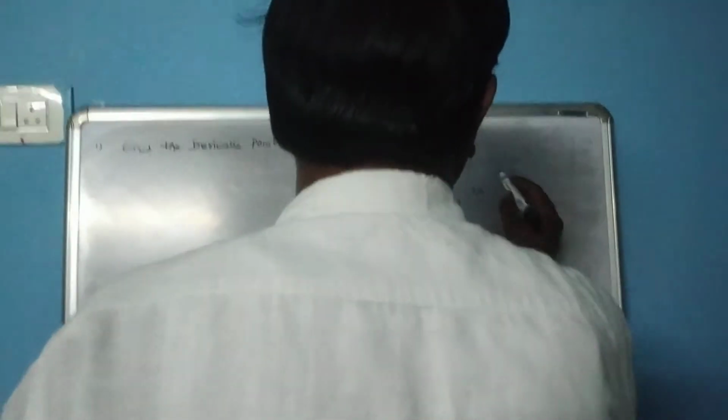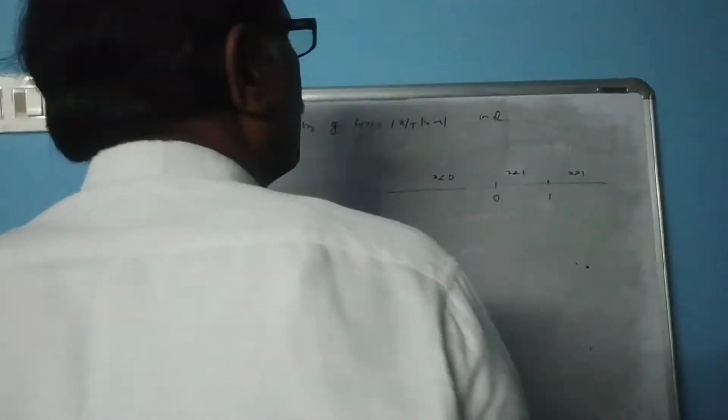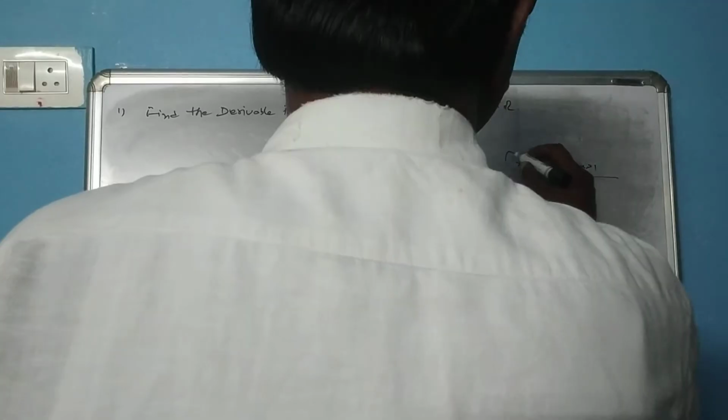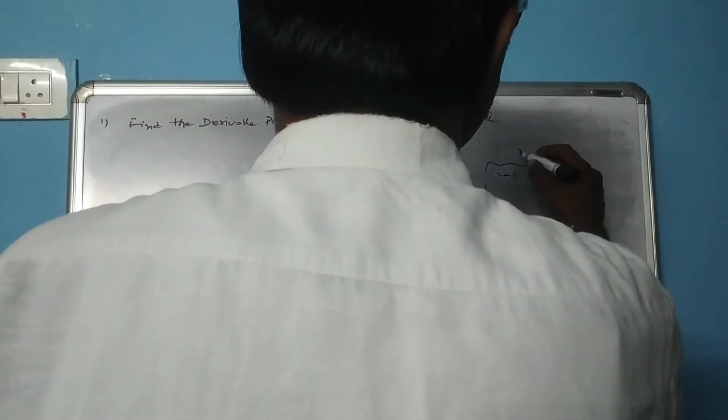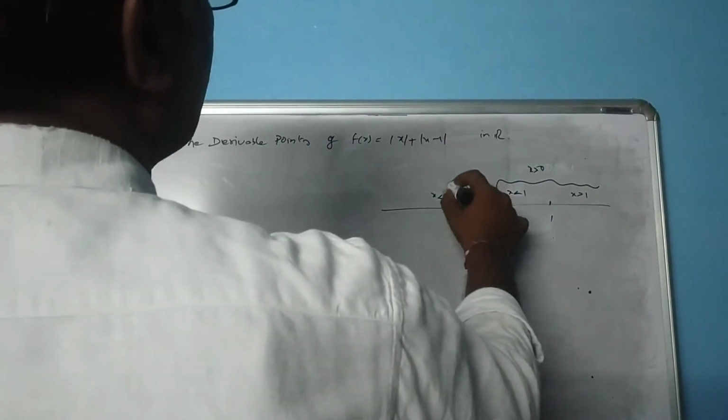One range is x less than 0, another range is x greater than 1, and this middle region is x greater than 0. This entire region is x less than 0.